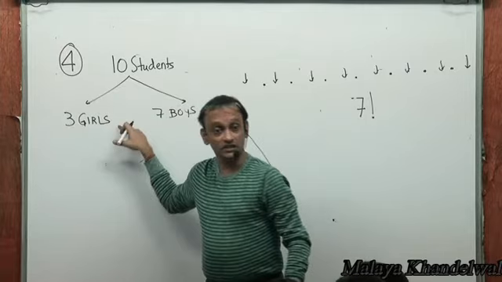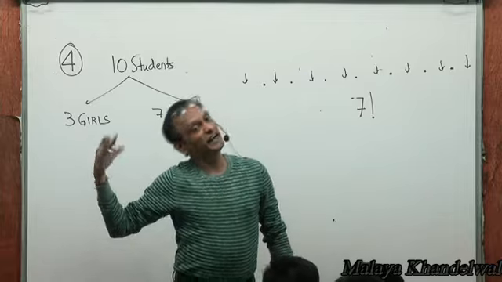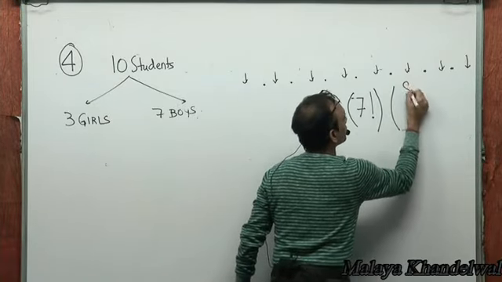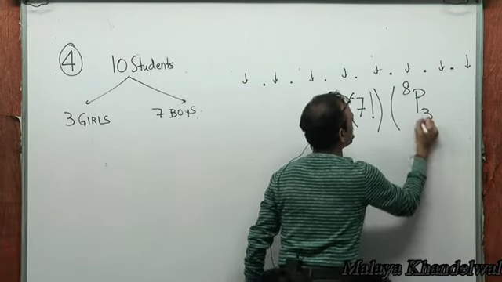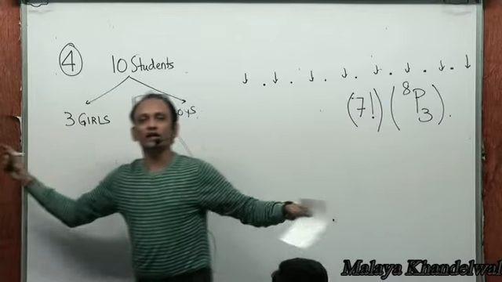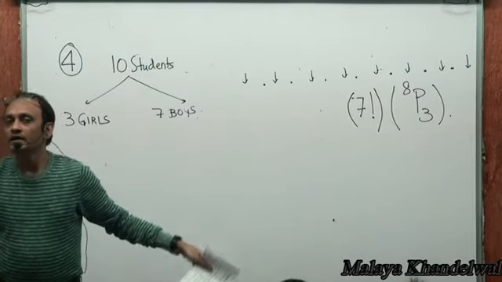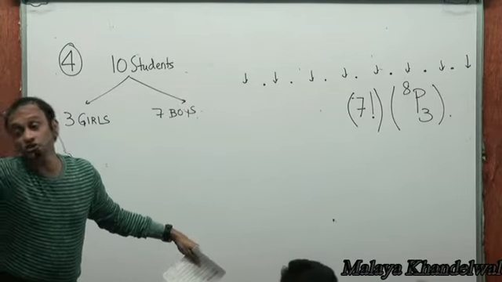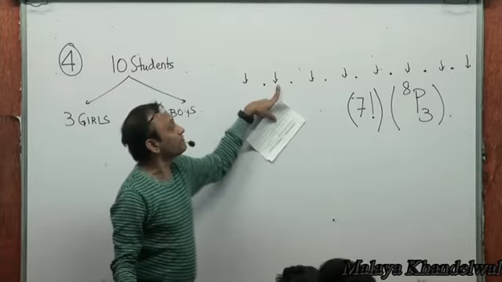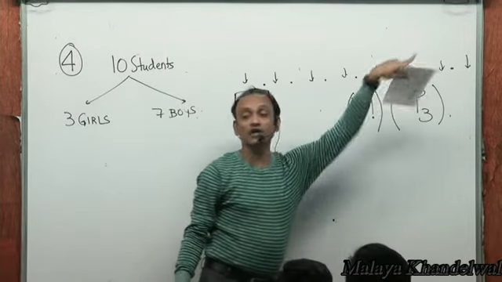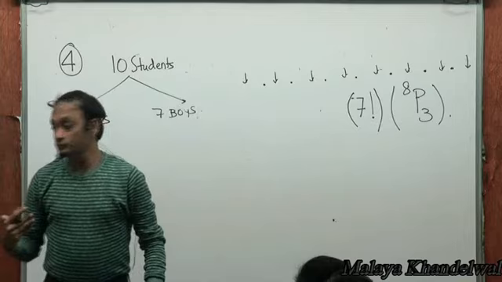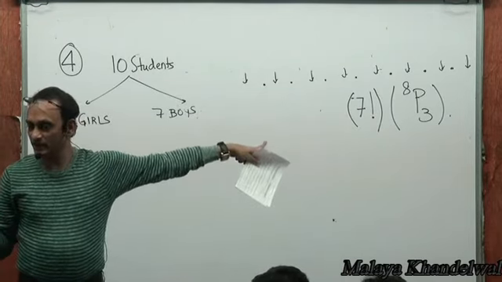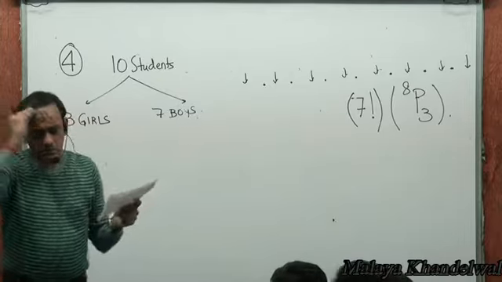In how many ways can you do that? 8P3, precisely, into 8P3 ways. 7 factorial ways in which the guys could be arranged. And it leaves me with 8 spaces to accommodate the girls, given the condition that no 2 girls would be consecutive, right? If the girls are placed where these arrows are, then no 2 girls would be consecutive, and the mission accomplished, right? So in these many ways. Fairly simple, isn't it?